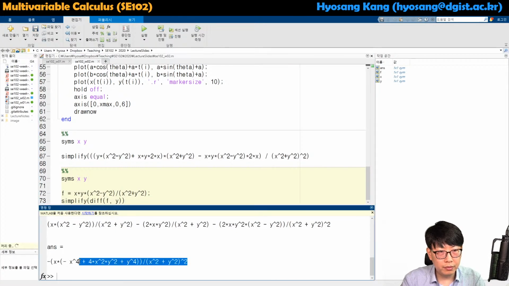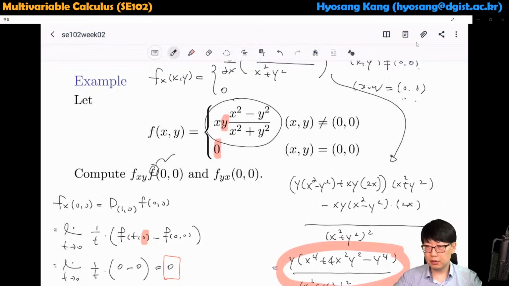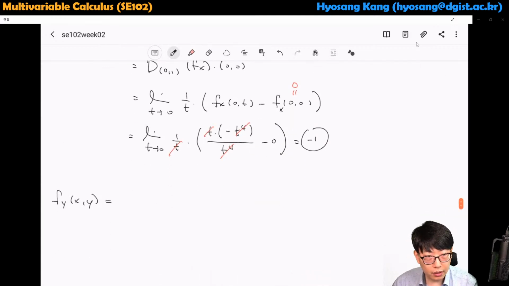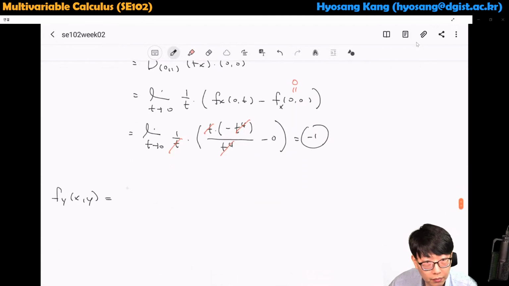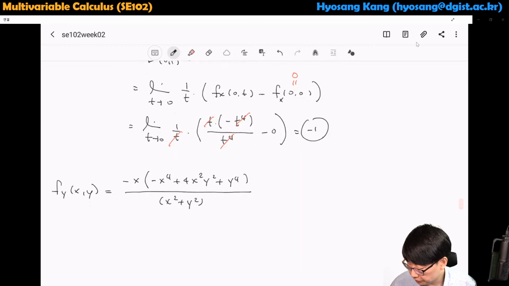So we have this simple formula. Let's copy it. So fy is minus x times (minus x fourth plus 4x squared y squared plus y fourth) divided by (x squared plus y squared) squared.